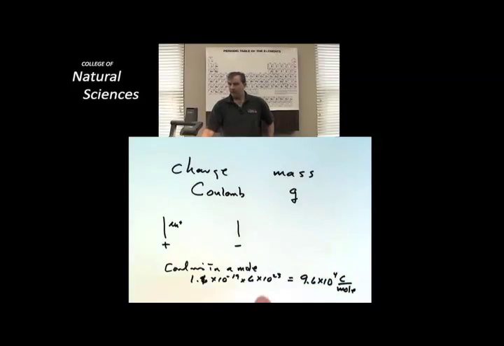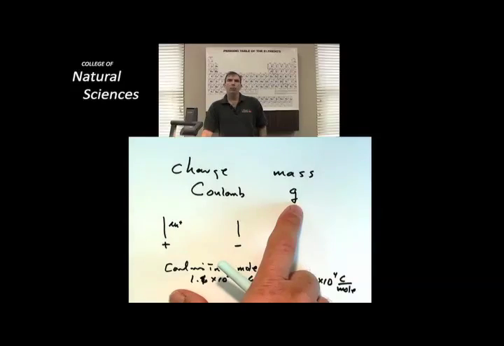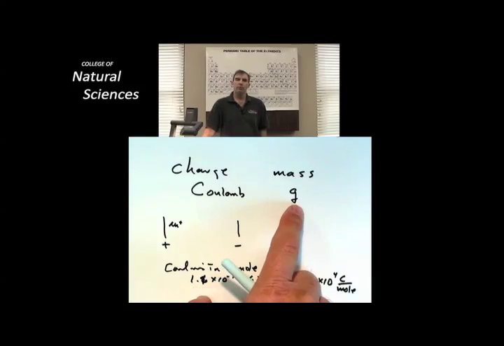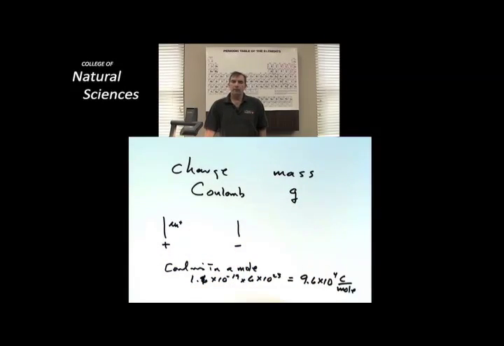So in the same way, there's 18 grams in a mole for water, or 23 grams in a mole for sodium. There are 9.6 times 10 to the 4th coulombs in a mole for a single charge. Now, that might to you seem like a foreign number. The nice thing about that foreign number, though, is that it's the same no matter what kinds of charge you have. So a proton, an electron, and a sodium ion all have 9.6 times 10 to the 4th coulombs in a mole.